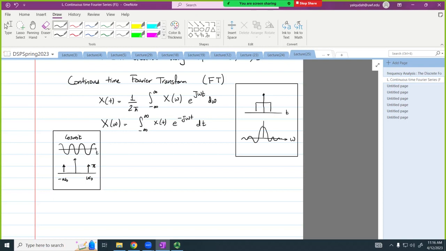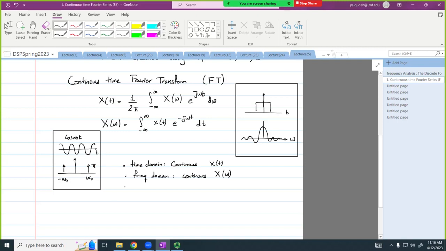Again, if you look at the Fourier transform, in the time domain it is continuous, and in the frequency domain it is also continuous. This is x of t, this is x of omega.